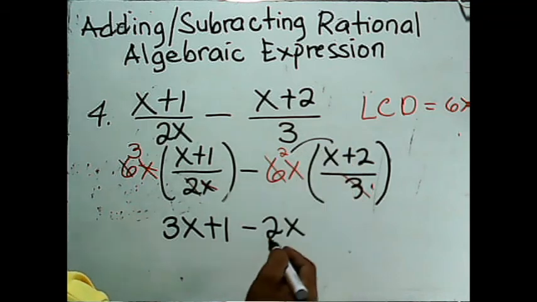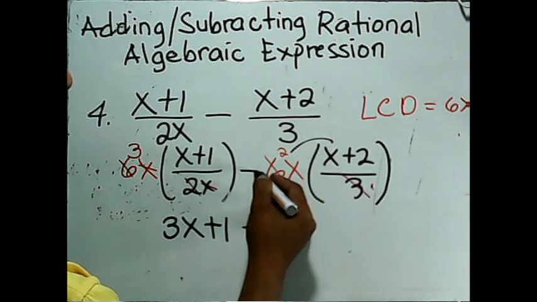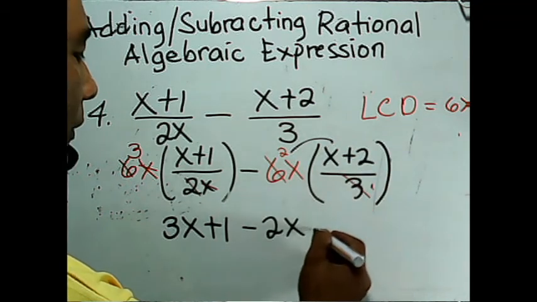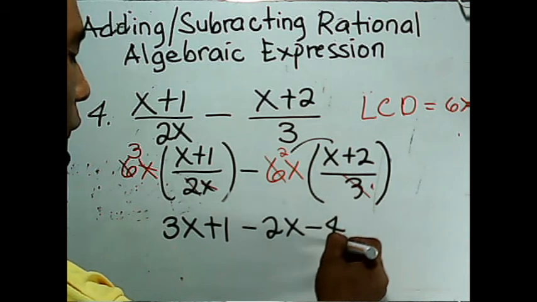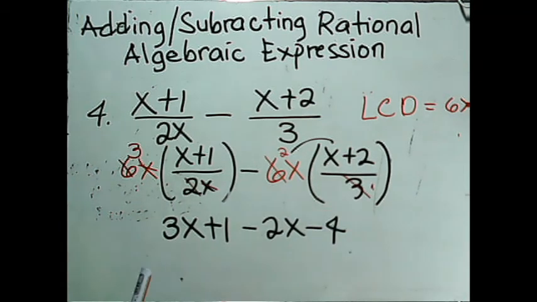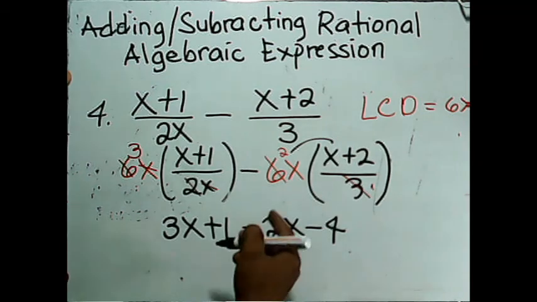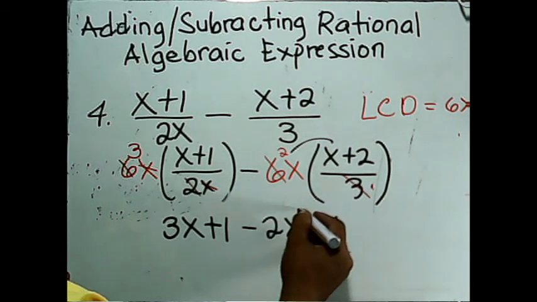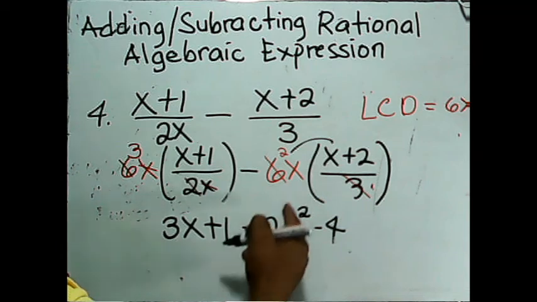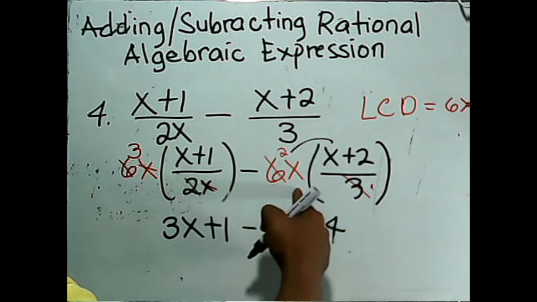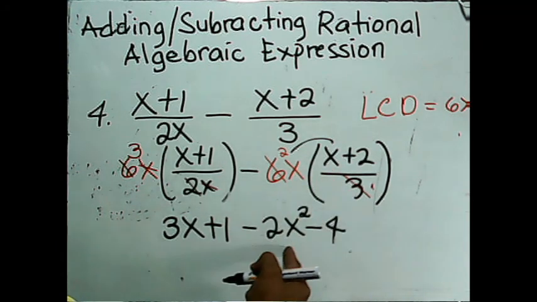Then we multiply negative 2 times positive 2 becomes negative 4. Then 2x times x is 2x squared.